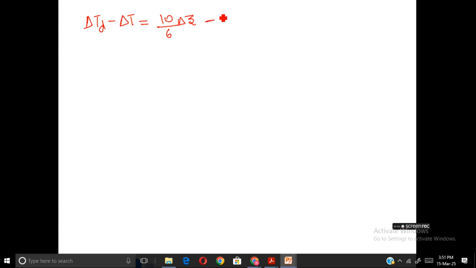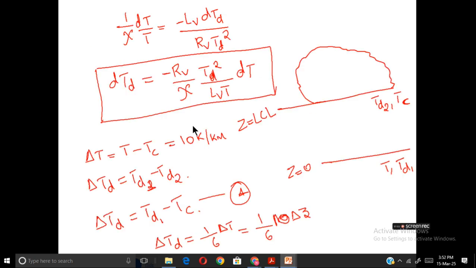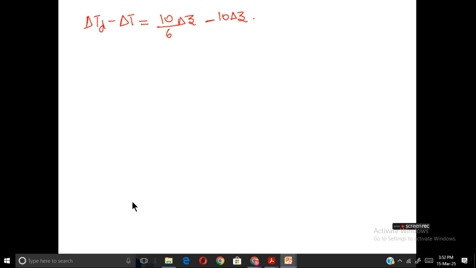And delta T is 10 delta Z. 10 is the lapse rate of the environment. So from here we got delta Td is 1 by 6 into 10 delta Z. From here we got delta T is equal to 10 delta Z. So now if we want to find delta Td minus delta T, we'll get 10 by 6 delta Z minus 10 delta Z.